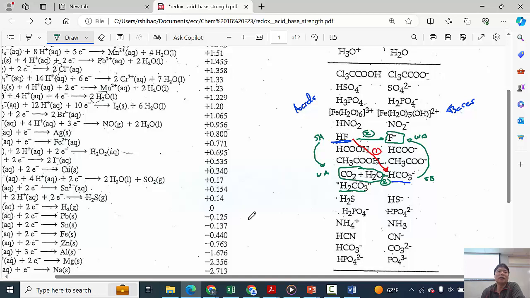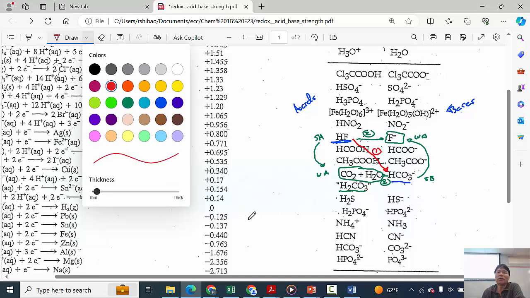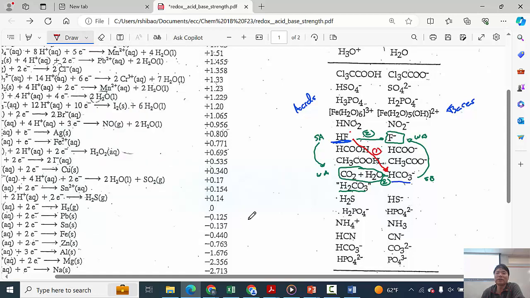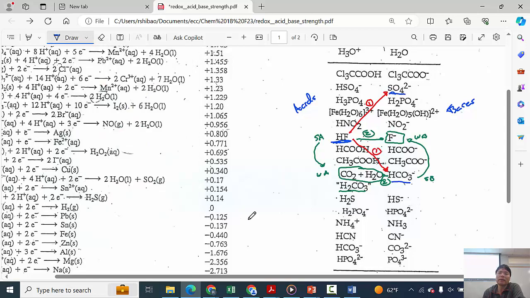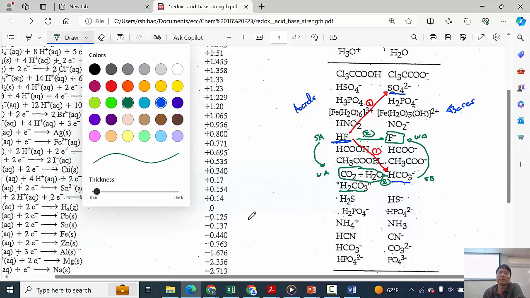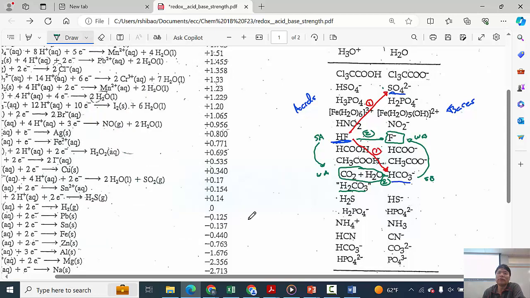On the other hand, if we tried to do a reaction with, let's say, HF and sulfate, what would we form? Name those species. We'd form, what's this called?